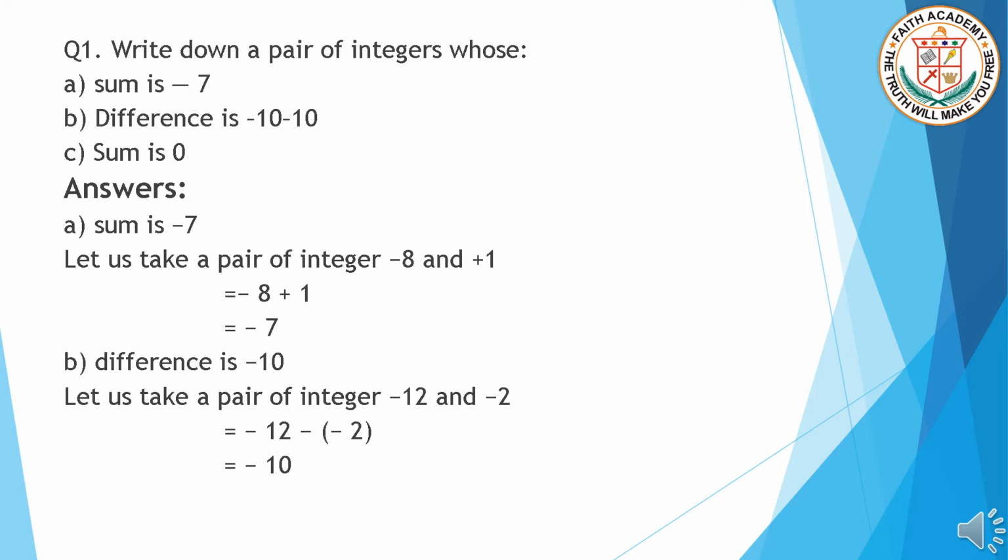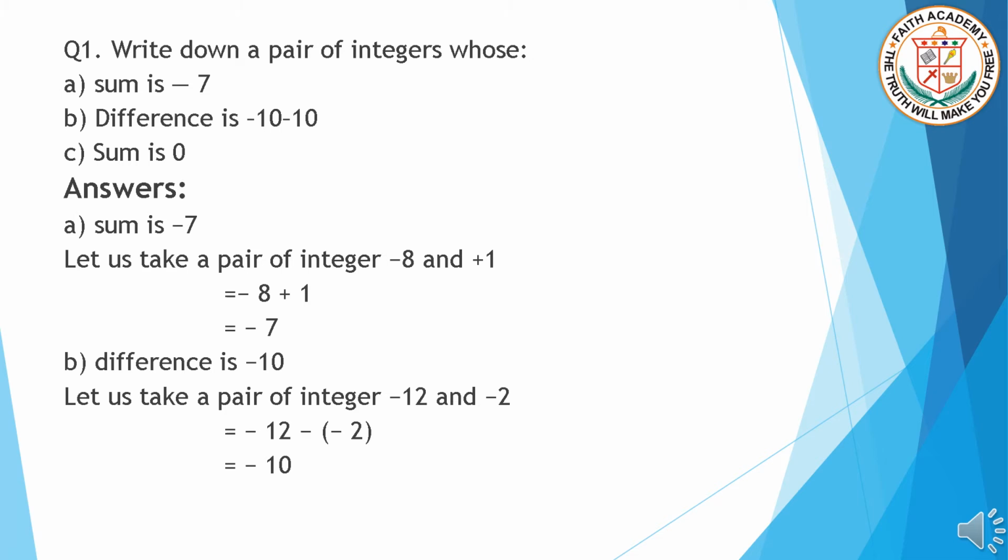So here also you can take any pair of integers, and if you add those integers you get the sum as minus 7. So I have taken here minus 8 and plus 1. So when I add minus 8 and plus 1, I get the sum as minus 7.